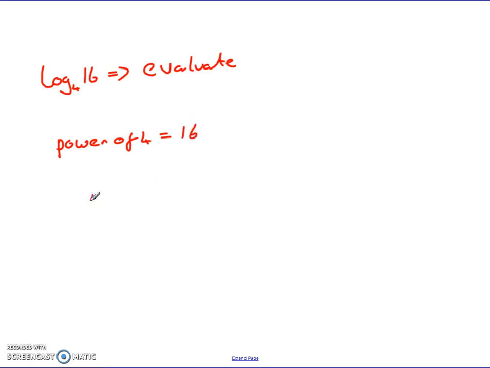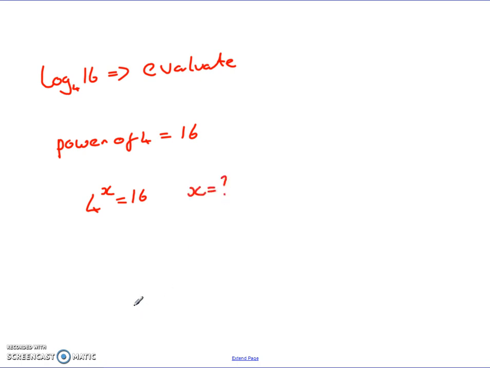Imagine I asked you, if I've got log to the base 4 of 16, and I want to evaluate it. So I want to know what the answer to that is and what it actually means. Well, log to the base something of this means what power of the base gives you that. So what this is asking you is what power of 4 equals 16, i.e. 4 to the power of something equals 16.